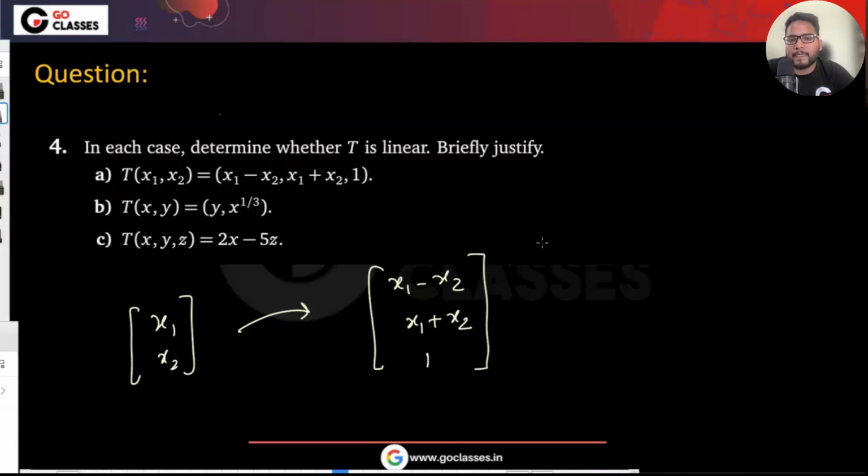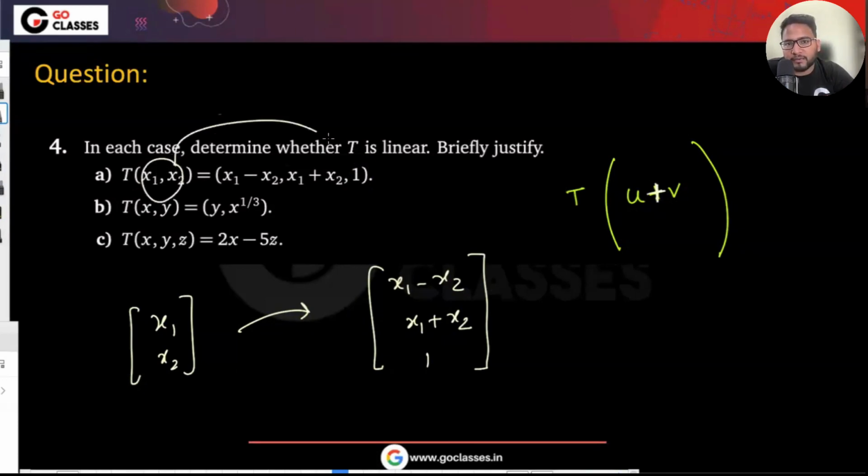Let me tell you why. For any vector sum u plus v, ultimately this is just one vector. u and v individually might be two vectors, but after the addition, it is just one vector, right? So for that one vector, it is giving ultimately 1 in the last coordinate.